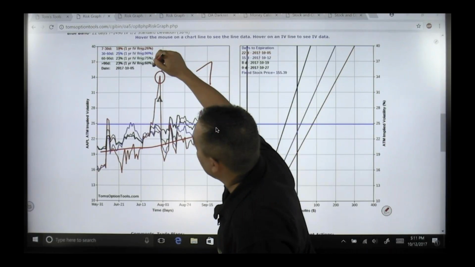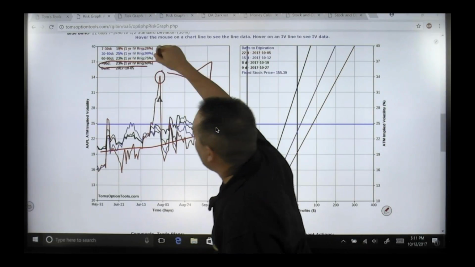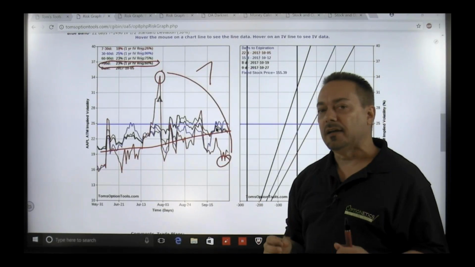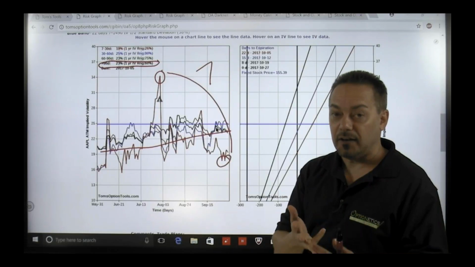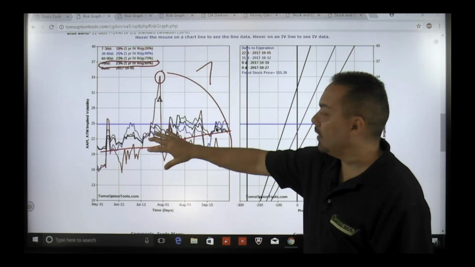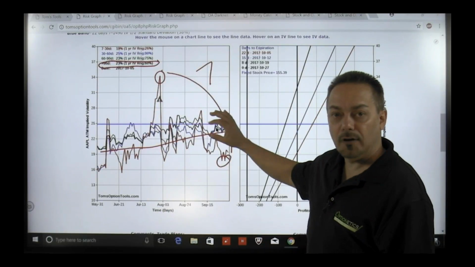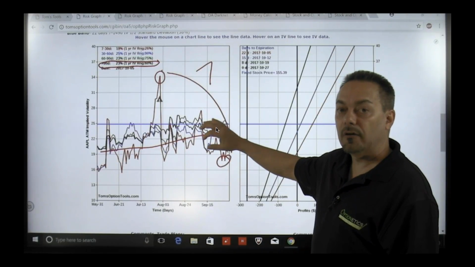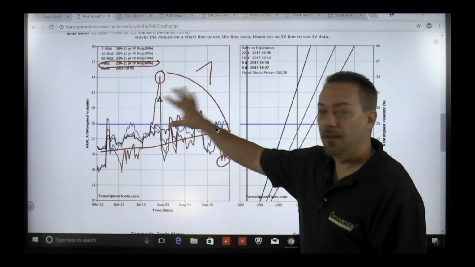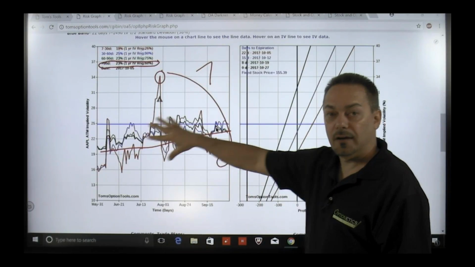This is for the options that are greater than 90 days. So what we do is we look at the 7 to 30 day options, the 30 to 60, the 60 to 90, and greater than 90, and we're able to actually chart those, and it helps us determine when options are cheap or when they're expensive relative to their time, all right, relative to that timeline.